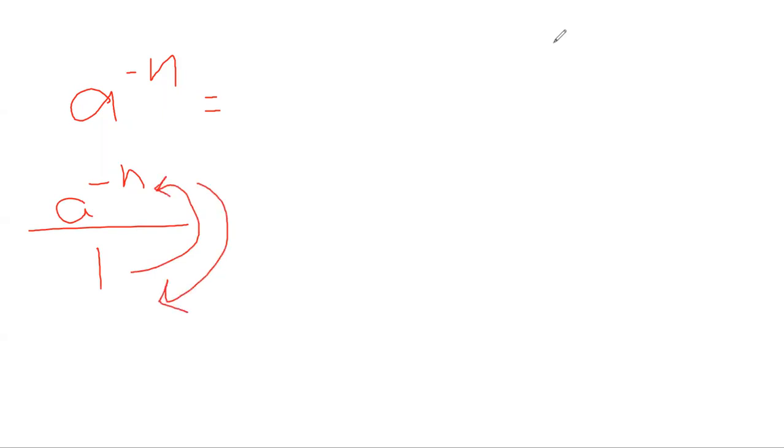I can treat a power negative n as if it is a power negative n over 1, since anything over nothing is as if over 1. Change the places. When you change the places, you change the sign of the power. So this one equals exactly 1 over a power of n. We will use this one many times. Very important rules.